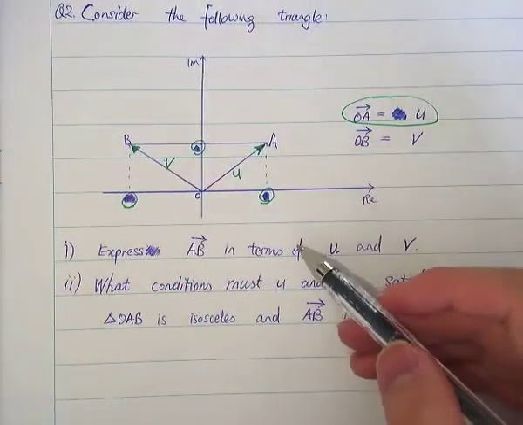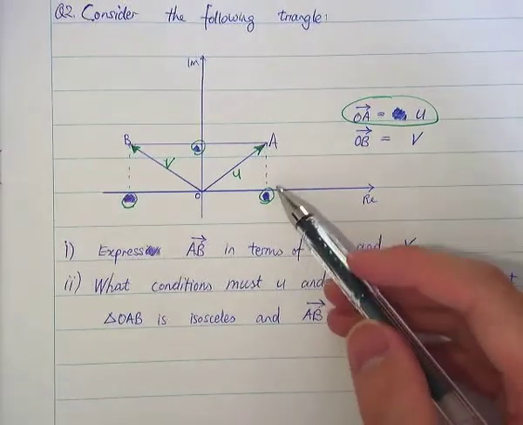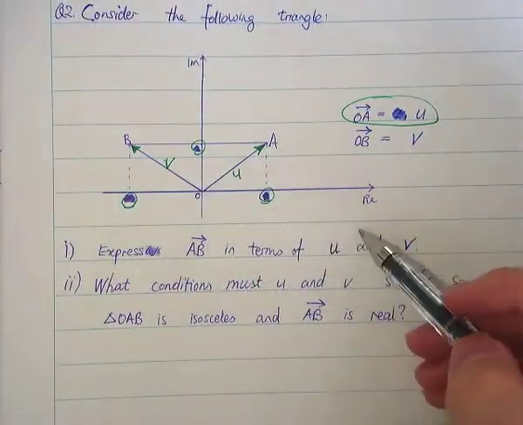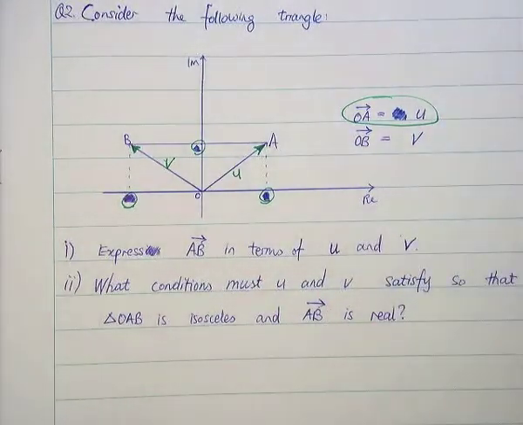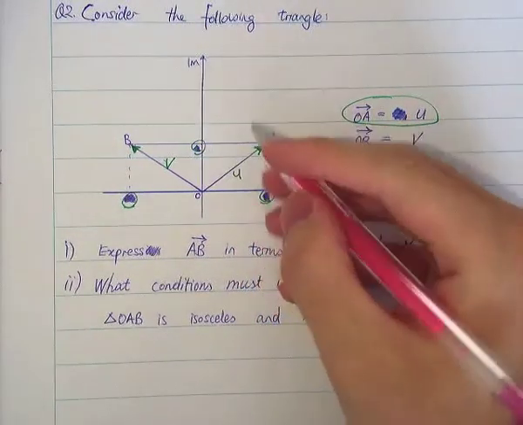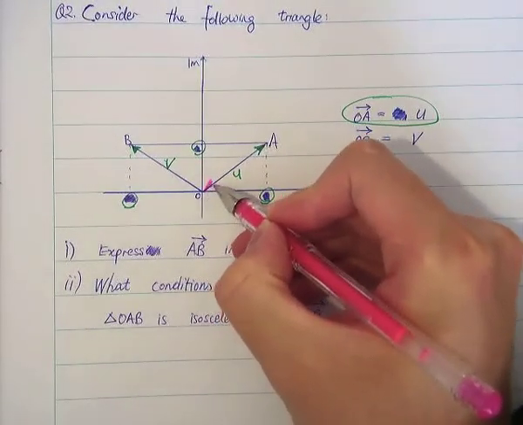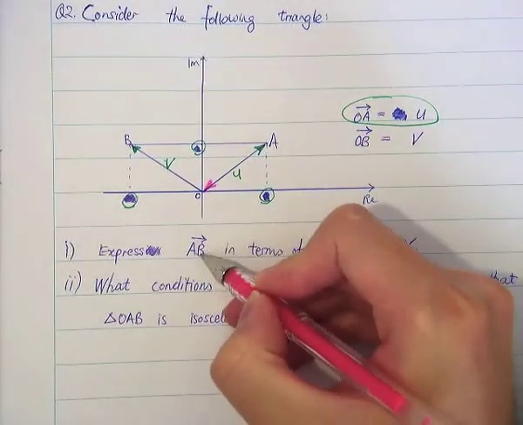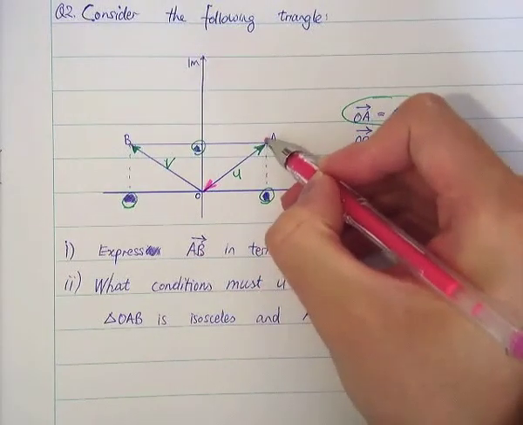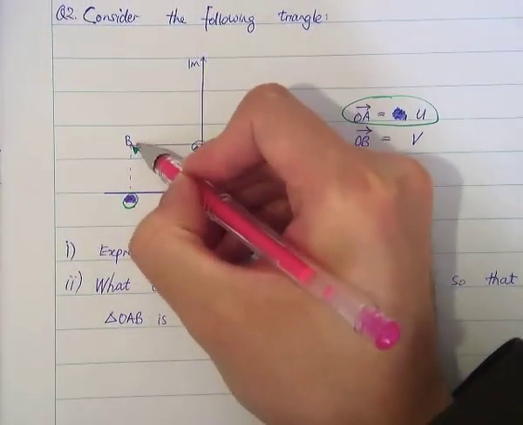Express vector AB in terms of u and v. Now, I want to emphasize the importance of doing the head-to-tail method for this, because as soon as you realize that you want to go from A to B, you want to start from here and end up over here.